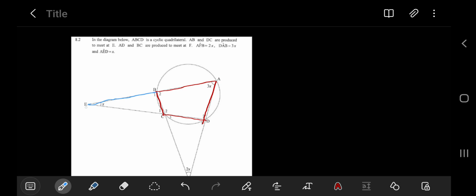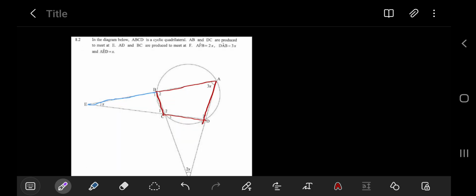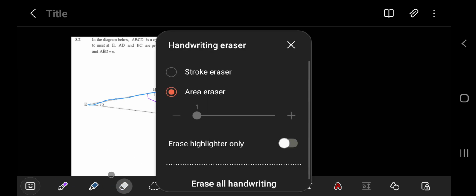And it is produced to E. The fact that there is a line which is produced and which is one of the sides, we can conclude that we have an exterior angle now. That is our exterior angle, B1. It should be equal to D2 up there, right? It should be equal to D2.